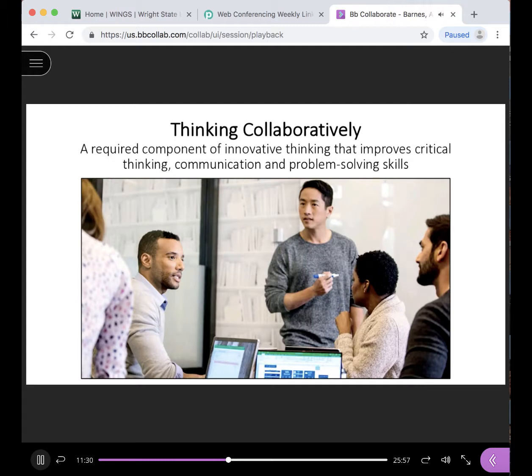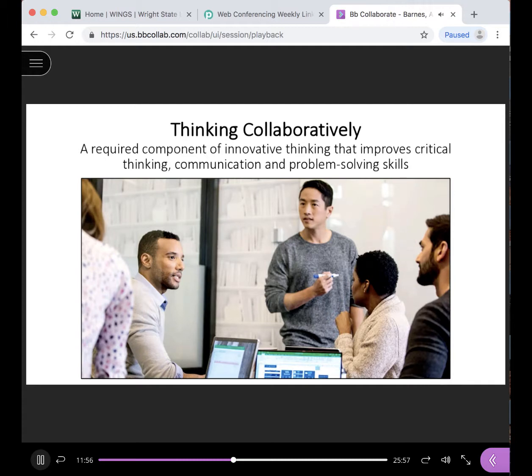So thinking collaboratively encourages you to engage with the content, whatever the specific topic or problem to be solved, on a much deeper level. And when you interact with other people, hopefully that brings your level up a little higher.